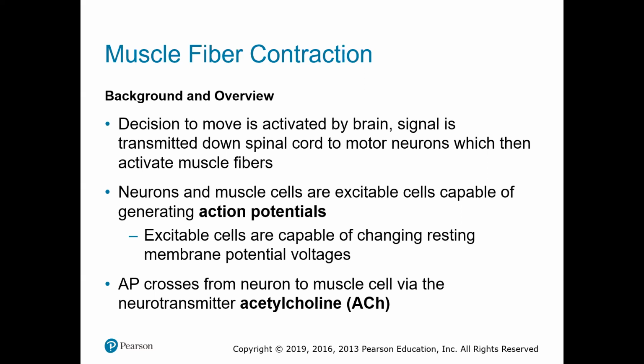And to make this work, we have to use a chemical known as a neurotransmitter. Neurotransmitter gets released by the nerve cell and allows the impulse, the action potential, to essentially jump from the motor nerve to the muscle cell, because the motor nerve that stimulates the muscle cell is not hardwired.